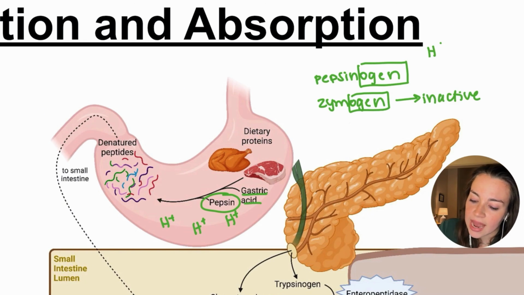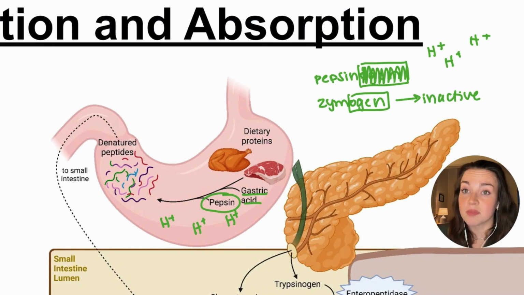What the gastric acid in the stomach is going to do is activate the pepsinogen to the active form, which is just pepsin. And again, for the rest of this lesson, the active form of a zymogen is just going to be the name of the zymogen minus the "ogen" suffix.